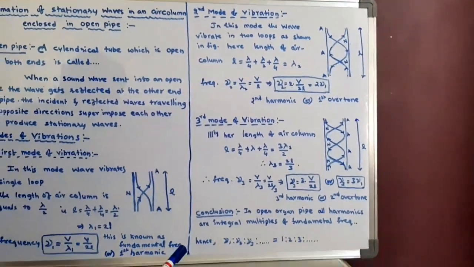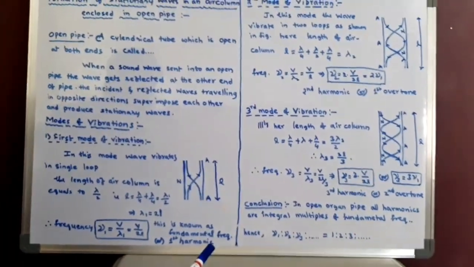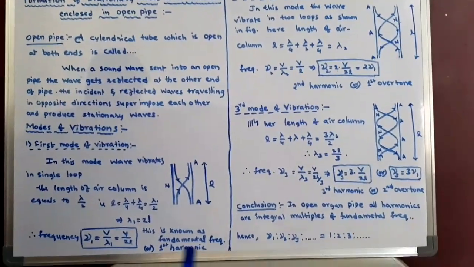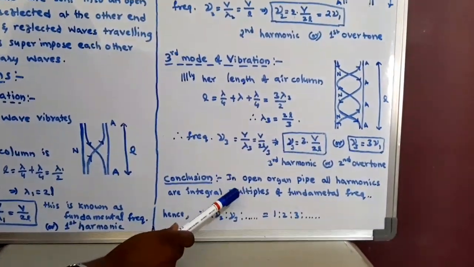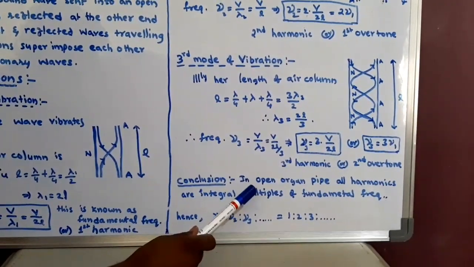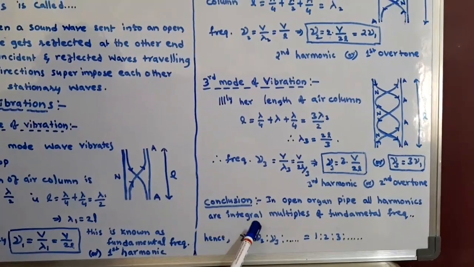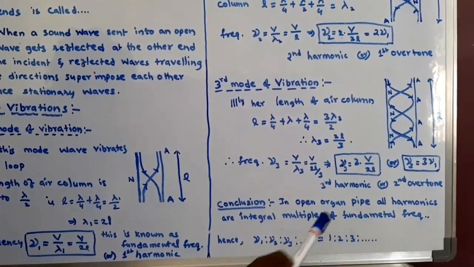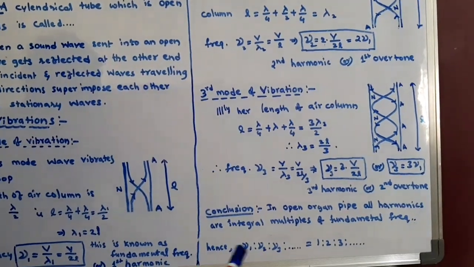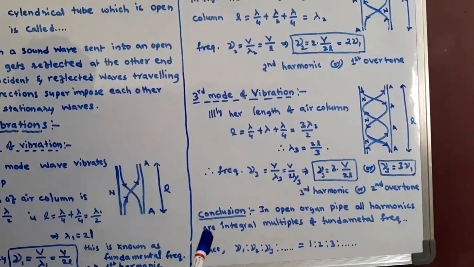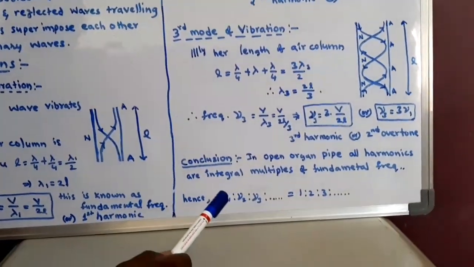Okay, let us see the conclusion of this long answer question. What did we observe? In this open organ pipe, all the harmonics are integral multiples of the fundamental frequency. All the modes of vibration, all the harmonics, are integral multiples of the fundamental frequency.